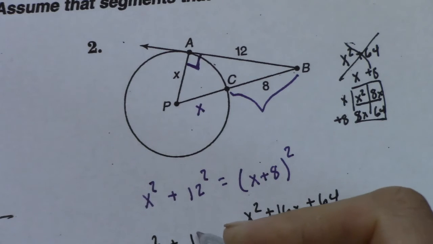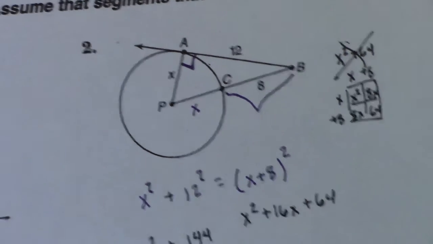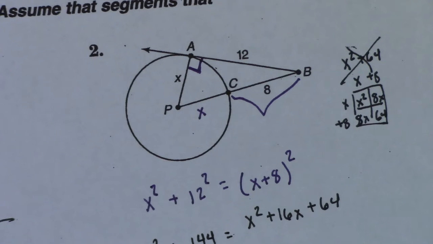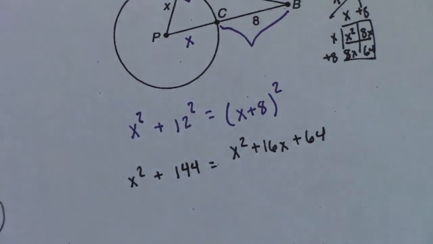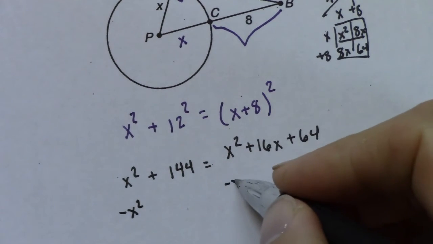Oh, look at that. There's more to the problem. And I've got a 144 right there. So at this point, I'm going to move everything over. It doesn't really matter which way you move it. I'm going to move stuff to the right, however, because I like to keep my first term positive. So I subtract the x squared, that just cancels.